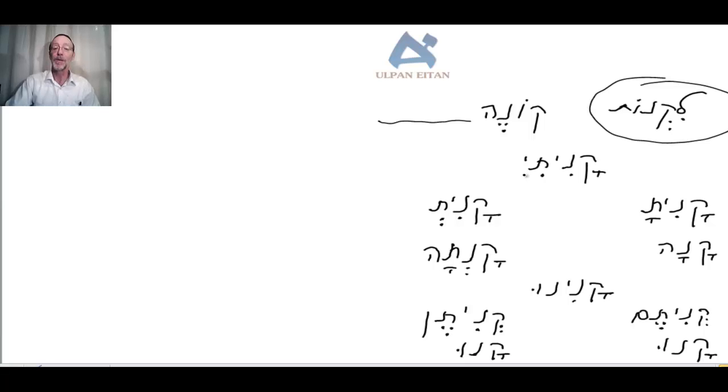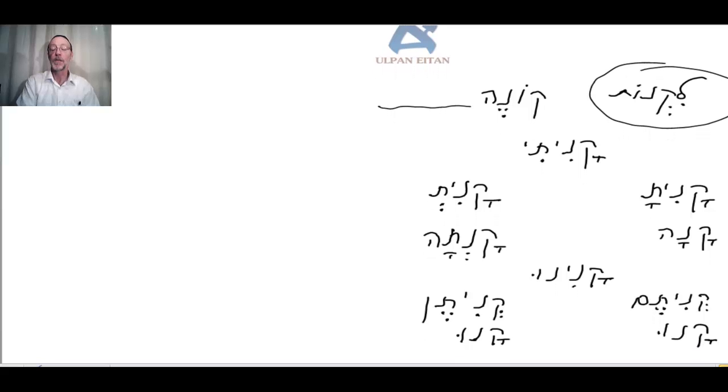The endings in the past tense are one through the entire language, but you can see that the stub here is a little bit different. The stub here is not the three root letters, kuf, nun, hey. The pattern gets started: kaniti, kanita, kanit, kana, kanta, kaninu, kanitem, kaniten, kanu.